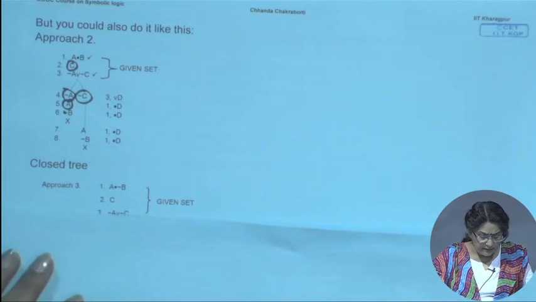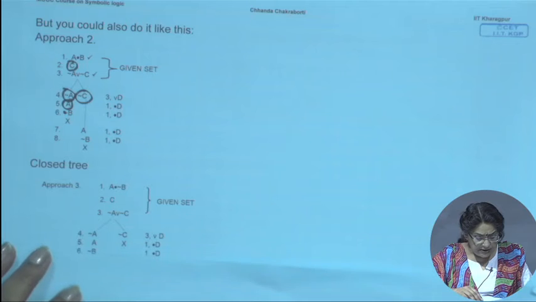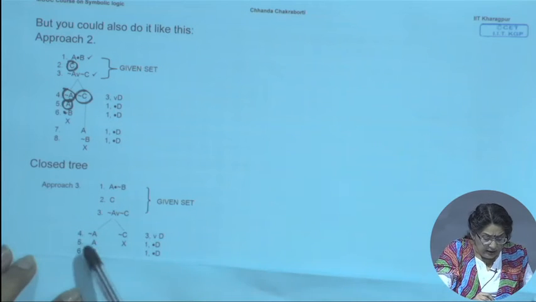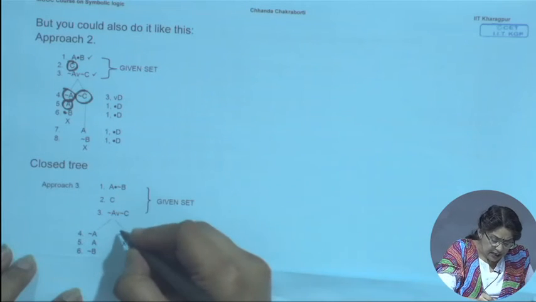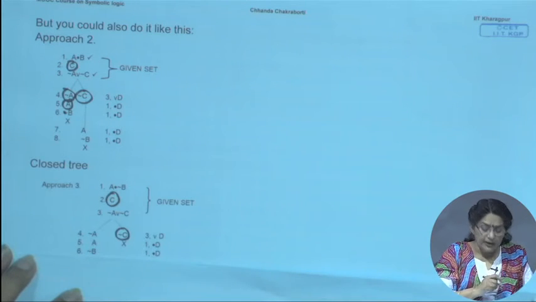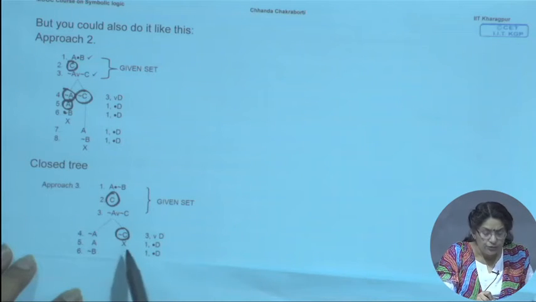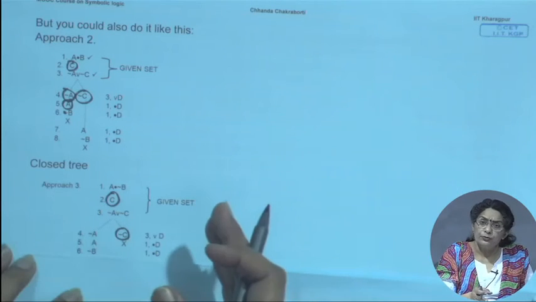This is approach 3. So, we have the same set. This person said, look, I am doing this one, line number 3. Line number 3 is here and the results are here, but immediately the person has spotted that there is this chance to close the branch down, right, and the branch is closed, which means that we do not need to replicate the result of decomposition of line number 1 into 2 broad branches.